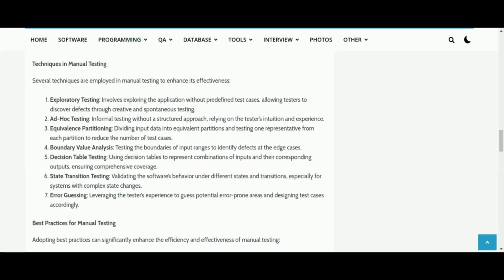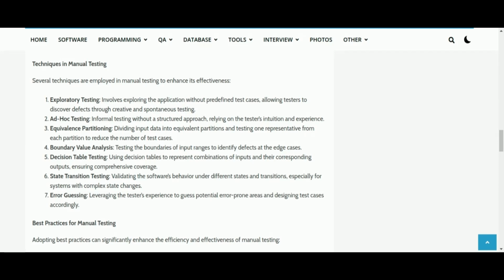Next, what is decision table testing? It's important, so understand this point properly.